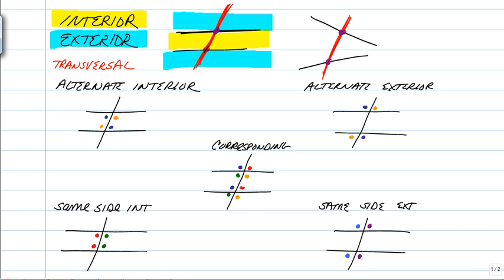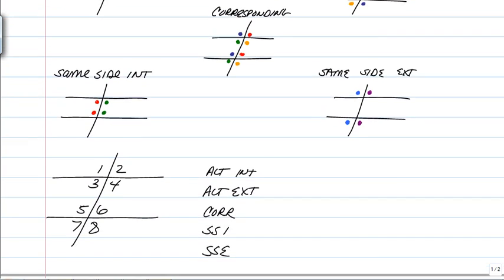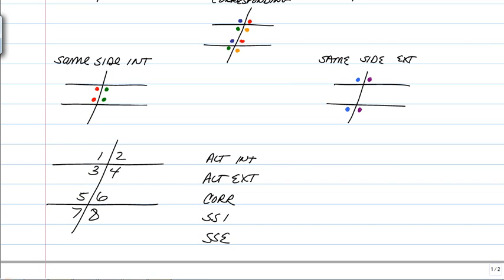Okay? So those are different types of angles you're going to be working with. So the first thing I want to ask you to do is pause the video after I do one example of each, and see if you can name the rest. So alternate interior, I'm going to name one of them. The alternate interior angles are going to be angle 3 and angle 6.